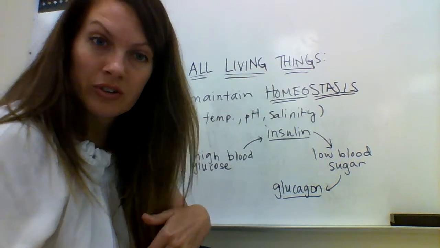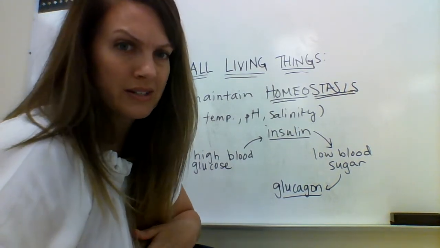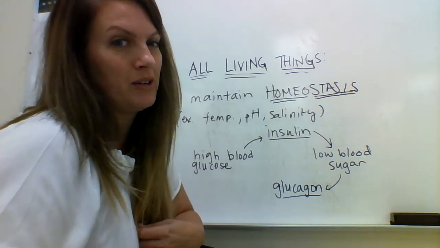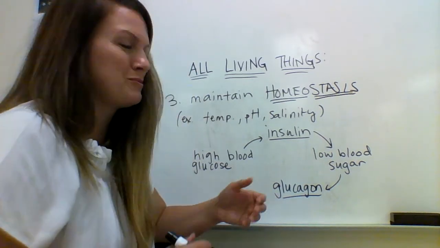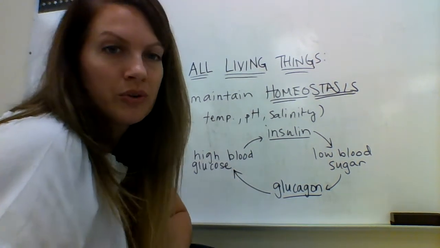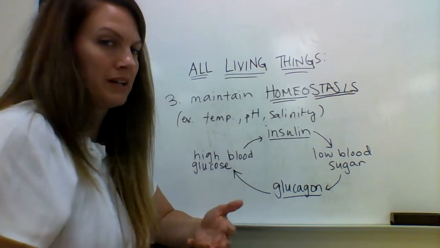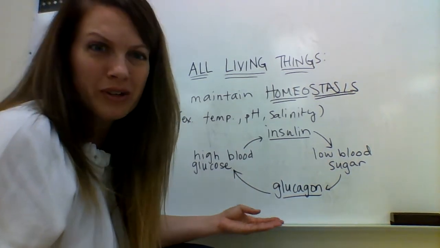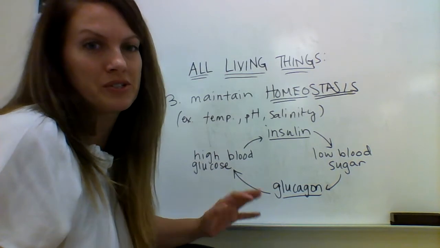So in your muscle cells, in your liver, where glucose is stored as glycogen, we'll talk about that later, glucose is going to be required to be released. And when that happens, your blood sugar goes back up. So this is another example of the way your body is maintaining a constant internal environment. It does all of this, hopefully, without you having any input whatsoever, which is awesome.